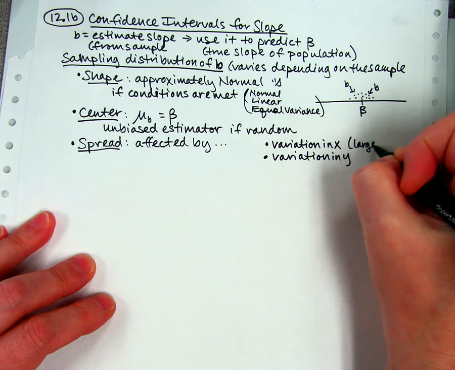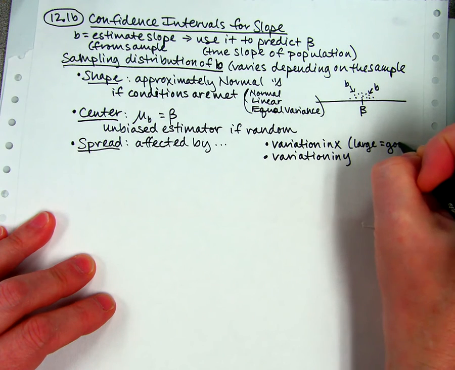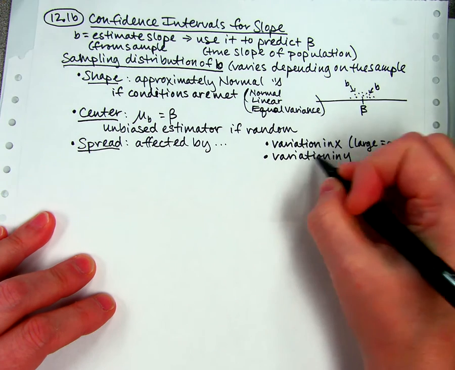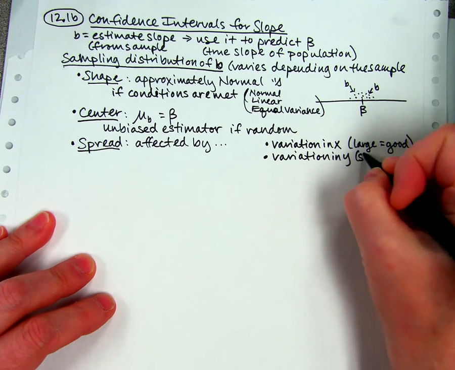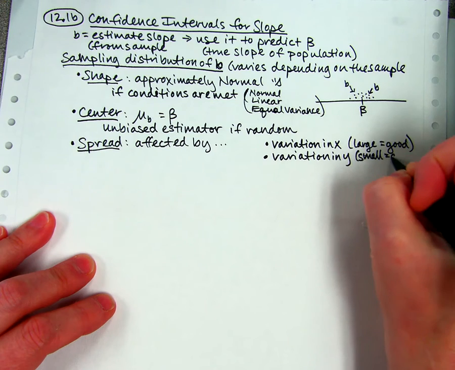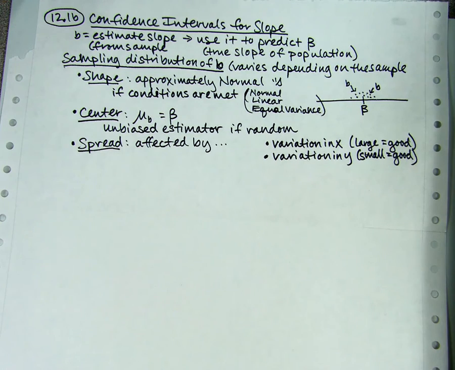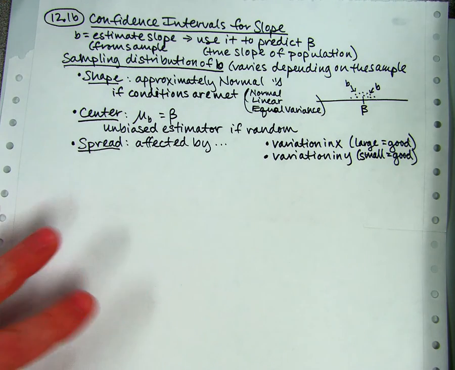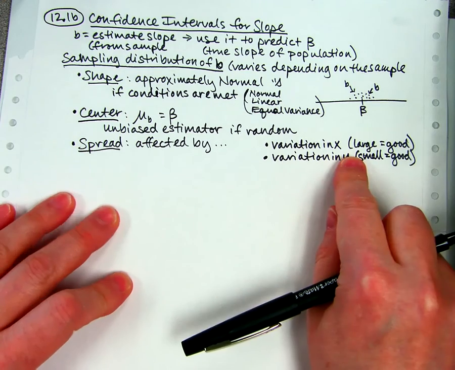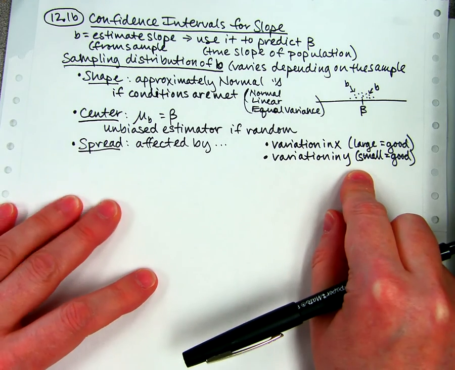We want the X's to be far apart. And variation in Y, small is good. And I hope you watched my little video about the meter stick demonstration where I showed you why that makes sense, that the variation in X, we want it to be large, and the variation in Y, we want it to be small.